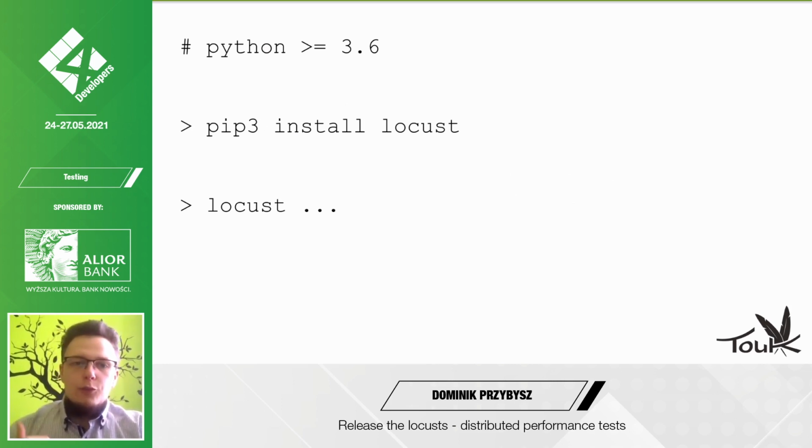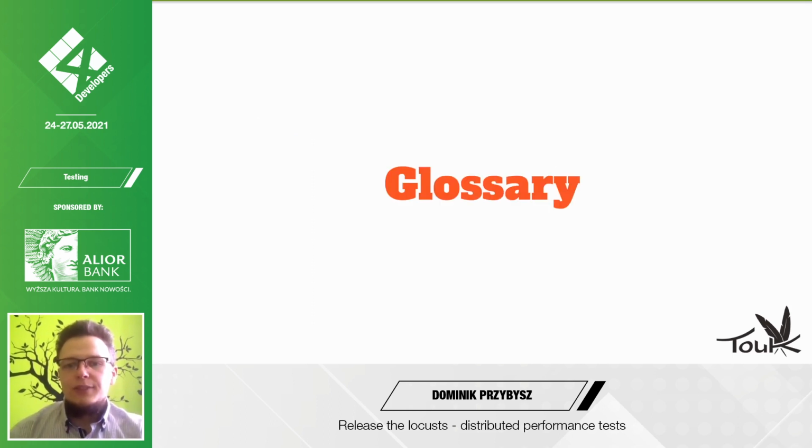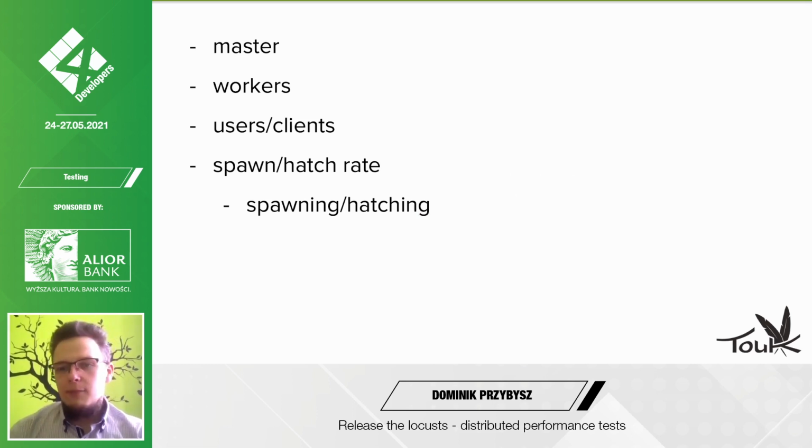Before we dive into the architecture of Locust, let's quickly introduce some terms connected with it. We have a master, which is the only one instance of Locust. We have workers, and there could be a lot of workers, virtually unlimited, of course.